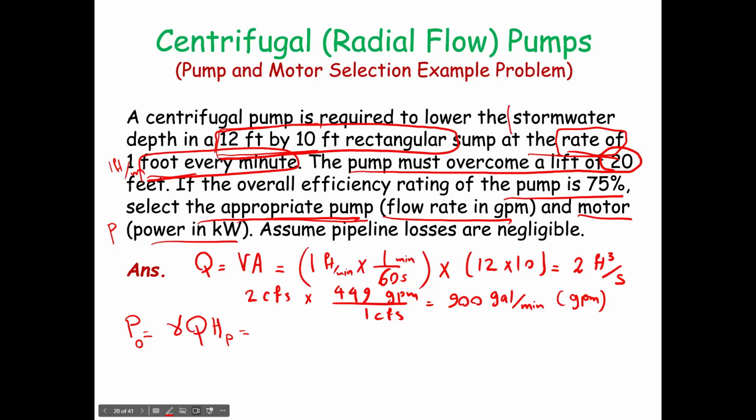It says stormwater, so it means that the material is water. It didn't give me the gamma, so I'm going to continue with what I know: 62.3. That's the gamma. I have the discharge, and I will write it in CFS because the rest is the same.